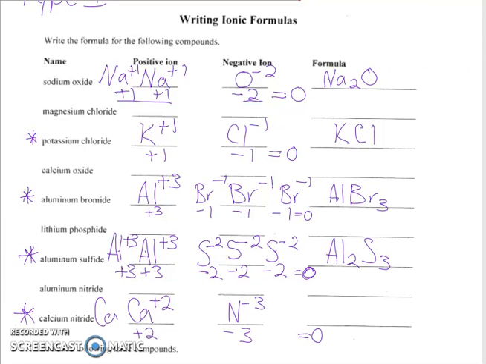So we'll have to do another calcium for a plus 4, and then another calcium for a total of plus 6, and then we will add another nitrogen for a total of negative 6. So plus 6 minus 6, now that equals 0. And I can write my formula as calcium, I have 3 calciums and 2 nitrogens.